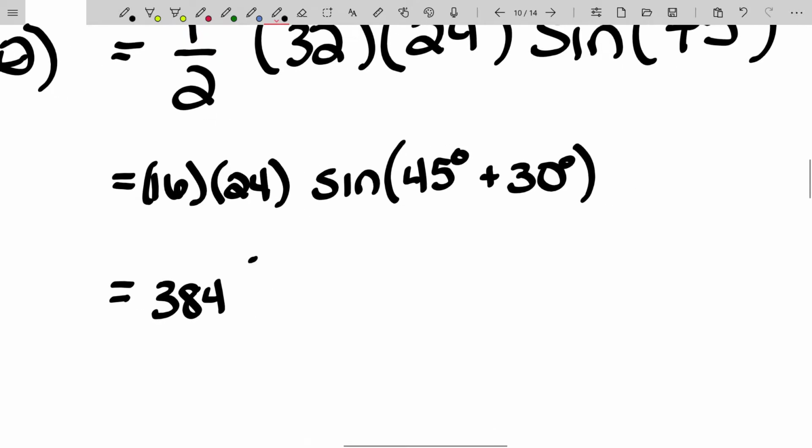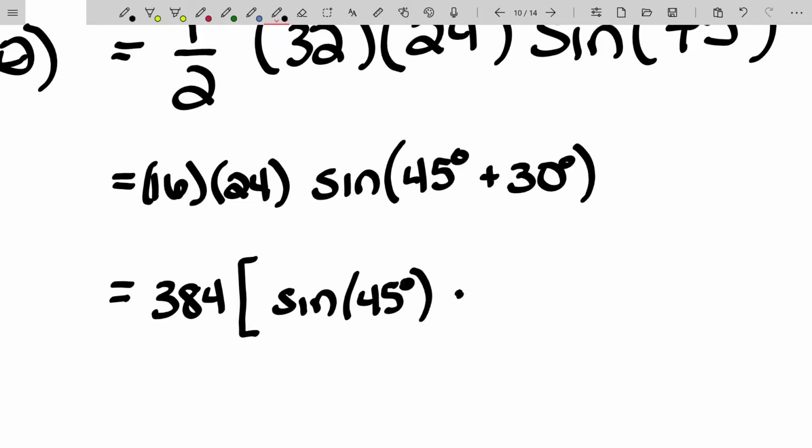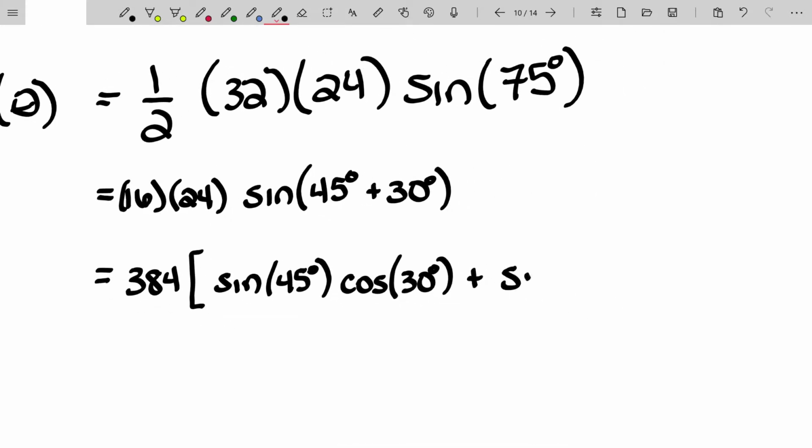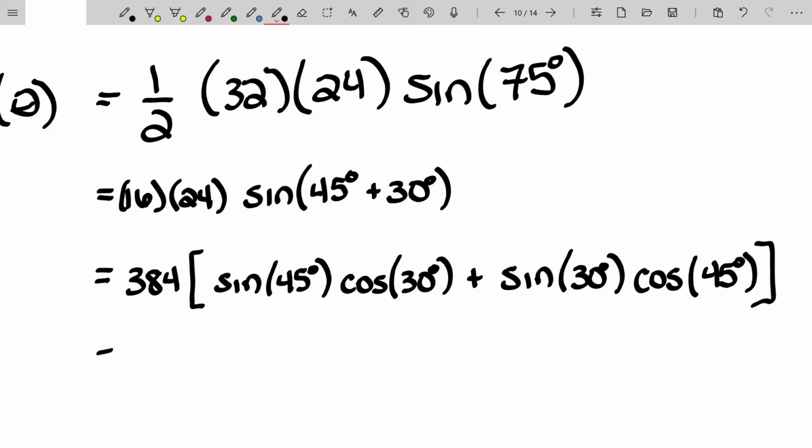And then the sum of angle formulas for the sine, it would be sine of 45 degrees times the cosine of the second angle, 30 degrees, plus the sine of 30 degrees cosine of 45 degrees. And at this point in trig, you should know all those special angles without me having to draw things.